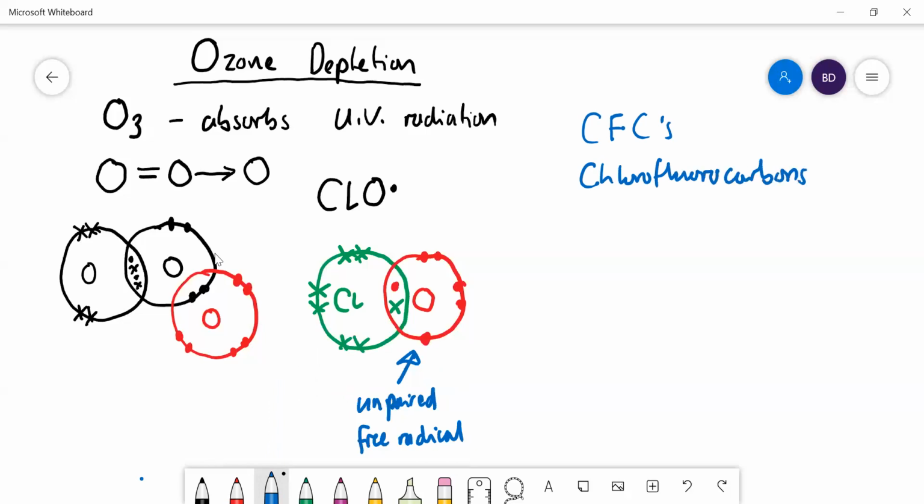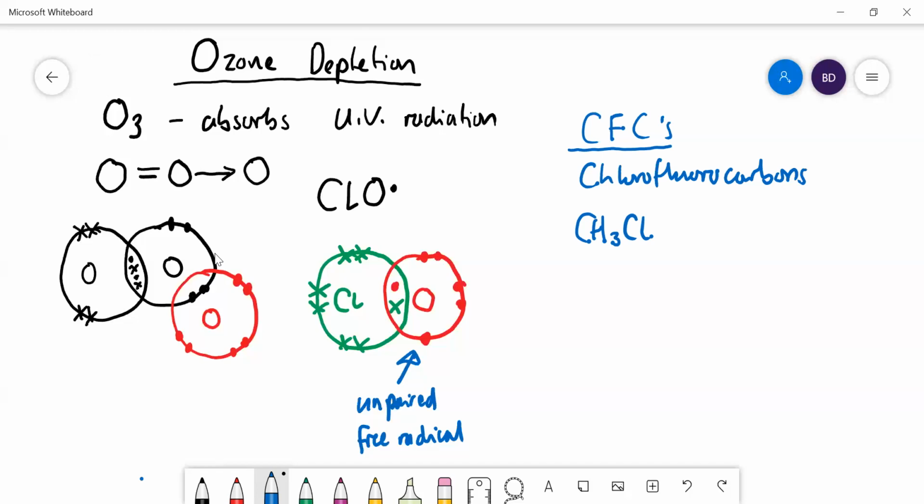So these are organic molecules which contain chlorine and fluorine, but strangely, the fluorine doesn't actually cause the ozone depletion problem. It's just the chlorine. So the simplest molecule which could cause this would be chloromethane, which of course isn't a chlorofluorocarbon, it's just a chlorocarbon, isn't it? But that could cause ozone depletion.